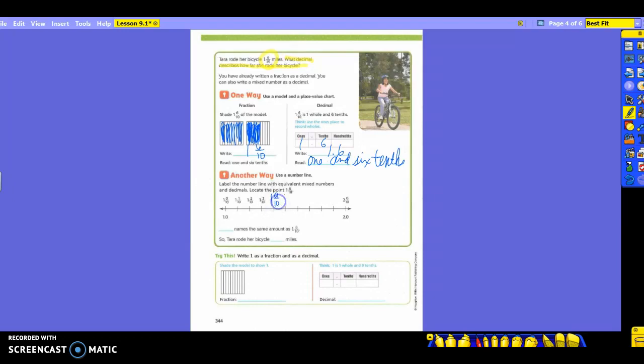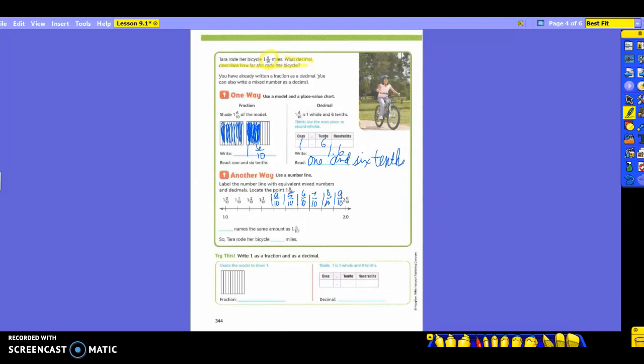I want you to finish your fractions on the top, should you need me to do so. Not if you know how to count. So when you get to the end of your number line, you will have 2 and 0 tenths because you went from one whole to the other whole.